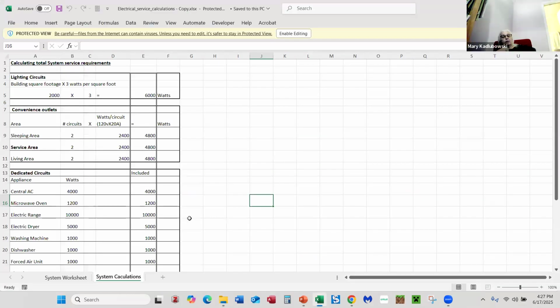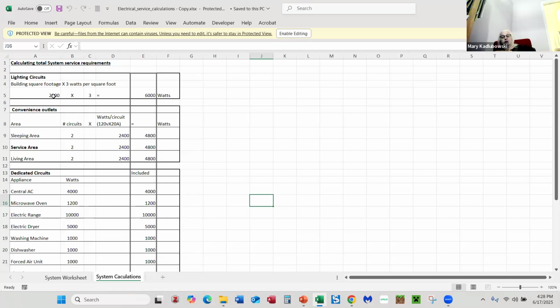So this is a residential demand, okay? You would have to modify this. Lighting circuits, okay? 3 watts per square foot if it's like regular fluorescent. You would need to find, if you're going to use LED, how many watts per square foot.